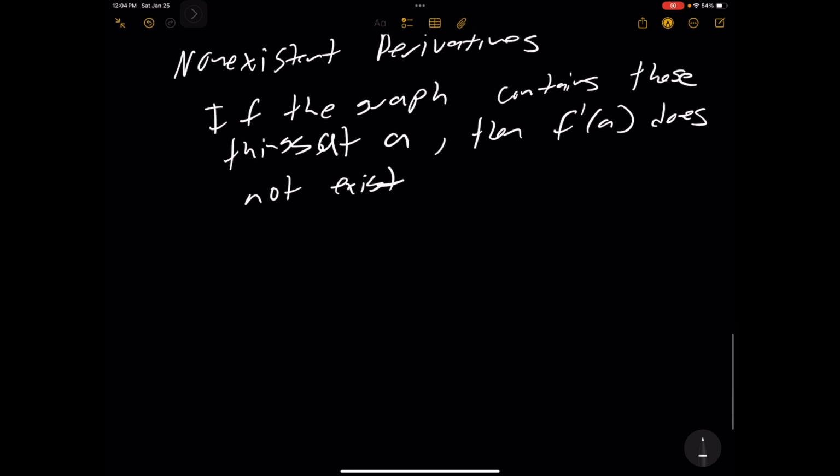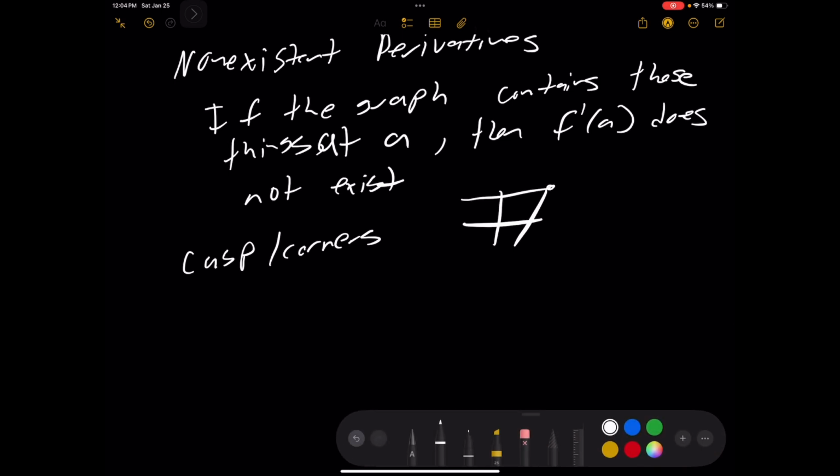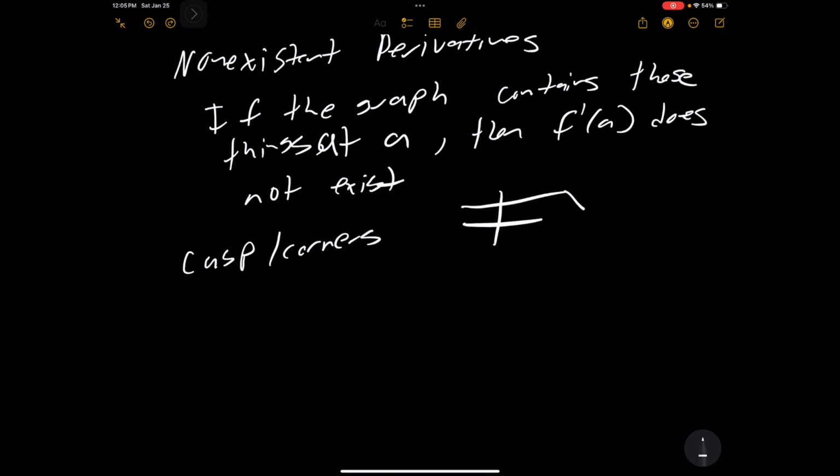And the things we're talking about are cusps or corners. Something that looks a little bit like this. Right at this corner, the derivative will not exist. I should do this in a way that it's a function. Right at this corner, the derivative does not exist.